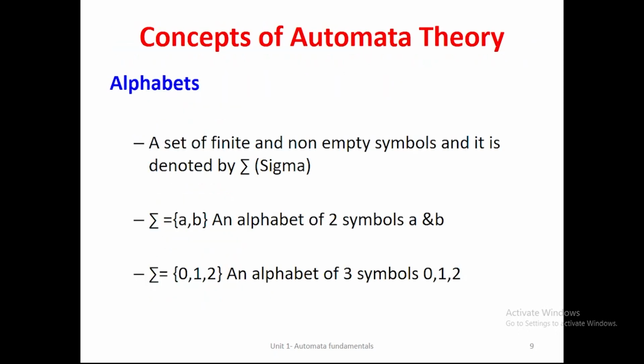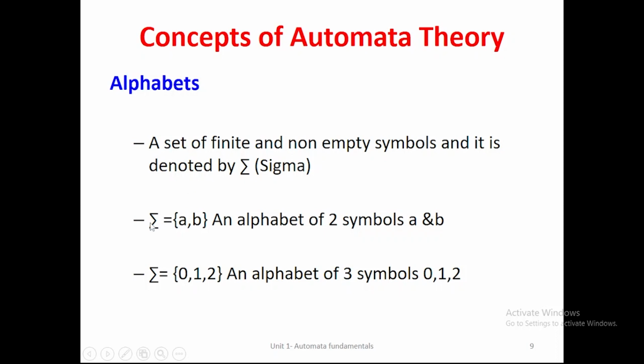The first topic is alphabet. The definition of alphabet is a set of finite and non-empty symbols that will be denoted with a symbol called sigma.